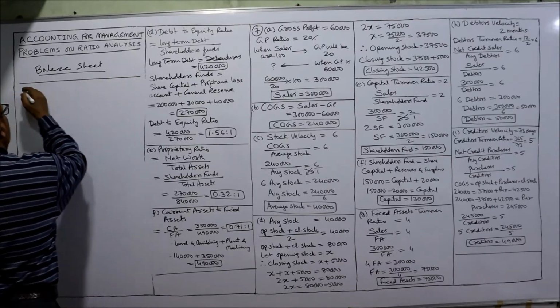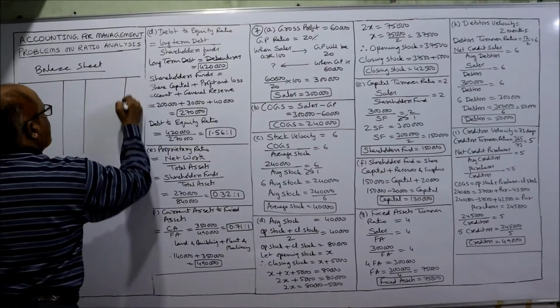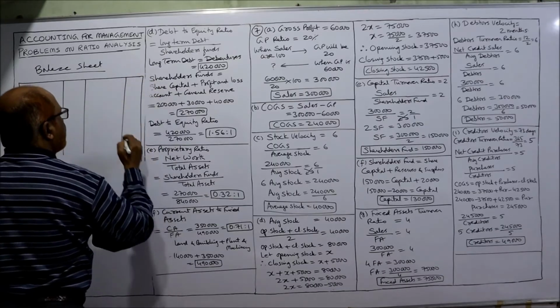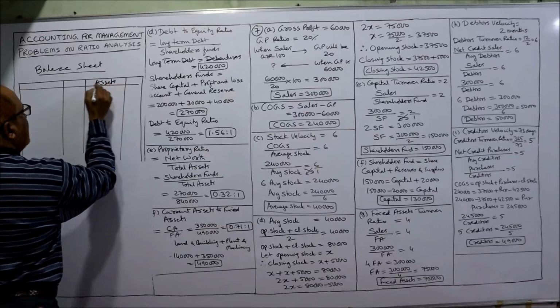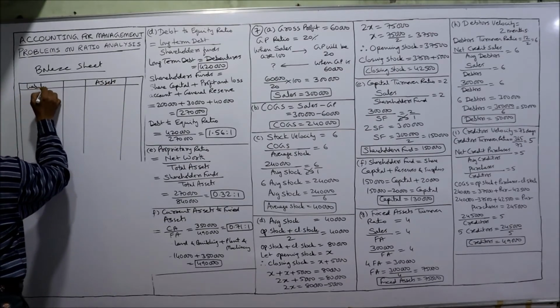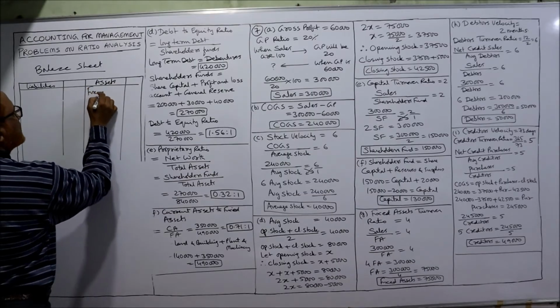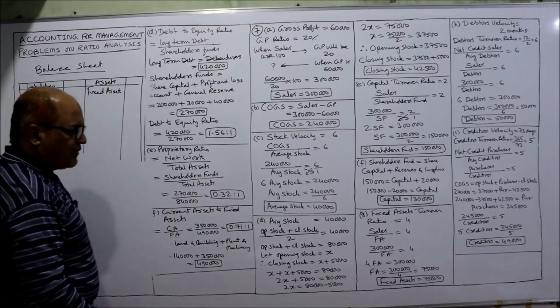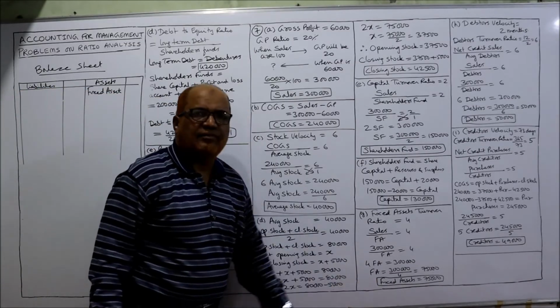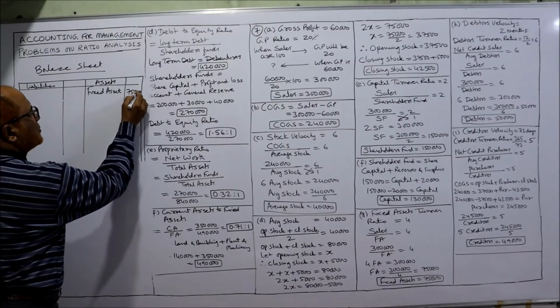In balance sheet we have assets and liabilities. These are the assets and this is the liabilities. Right? Assets we will take fixed assets. The fixed assets already we have calculated somewhere here, 75,000. So in place of fixed asset I am writing 75,000.